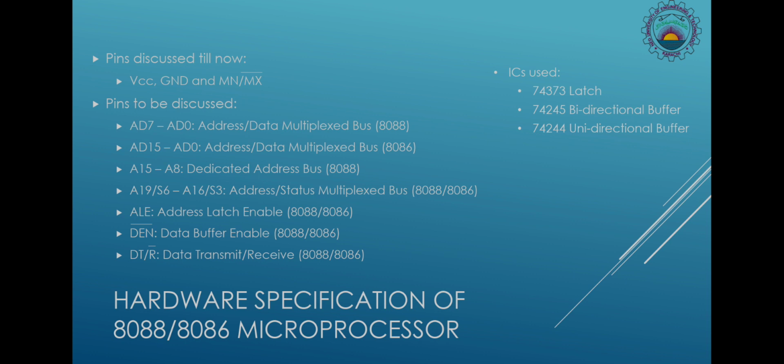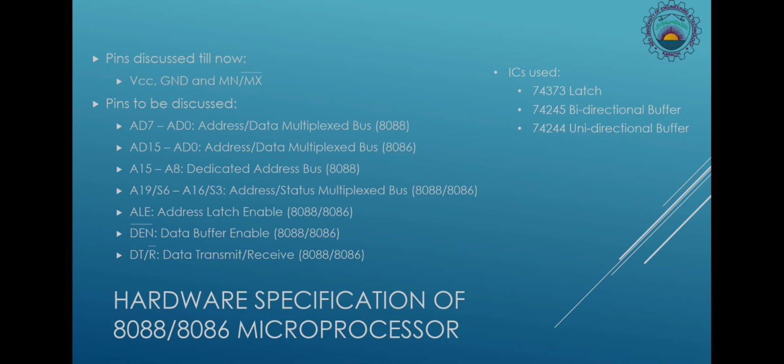Now onward we have to discuss the address data multiplex bus, AD0 to AD7 for the 8088 microprocessor, AD0 to AD15 for the 8086 microprocessor.